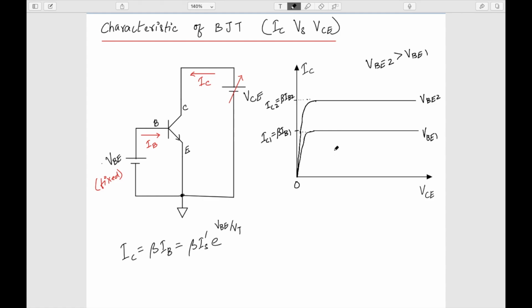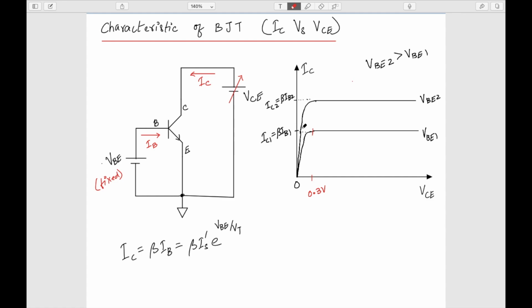So after some voltage, which is generally small, around 0.3 to 0.2 volt, the IC becomes dependent on the VCE.